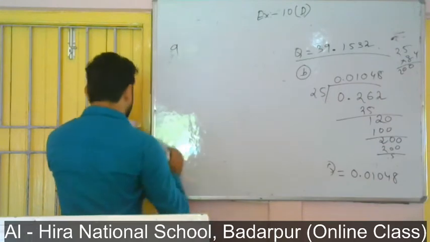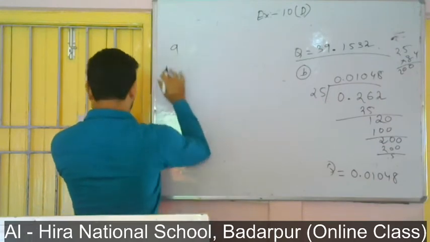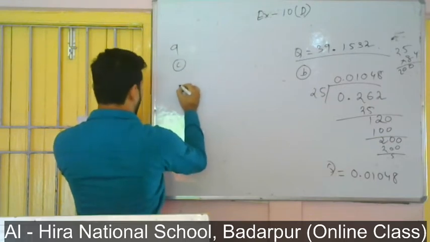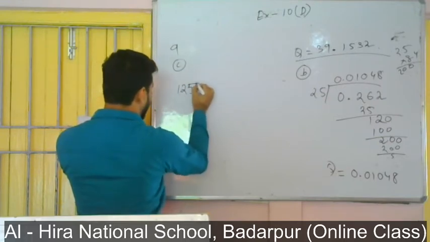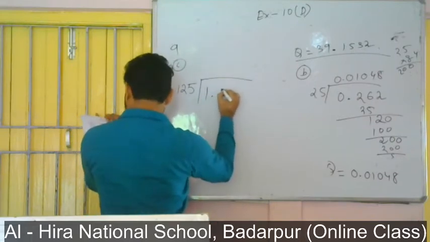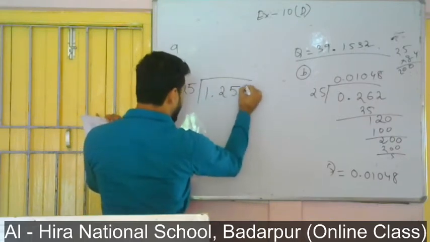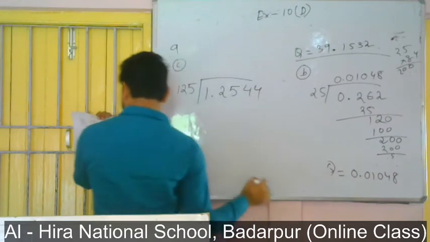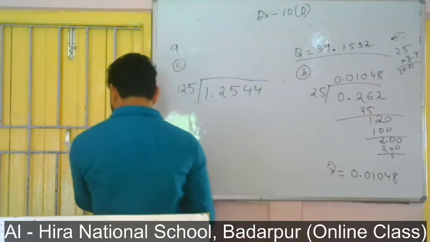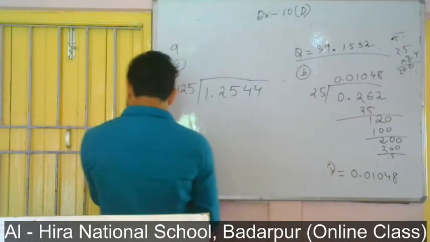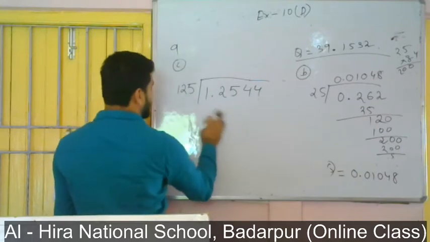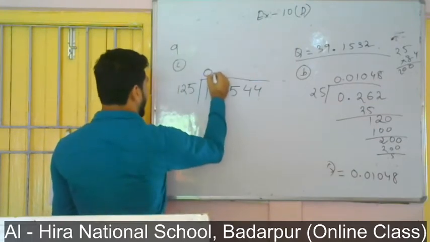Now you see question number 9C. 125 divided by 1.2544. So let us check. 125 divided by 1.2544. You see this integral part is not divisible, so we'll put 0 point.